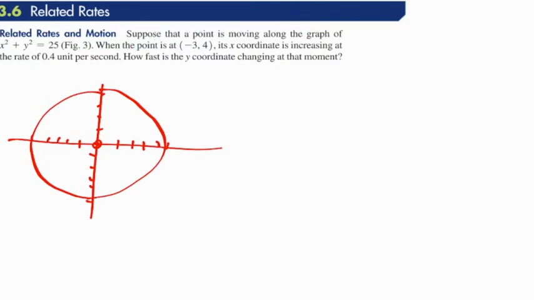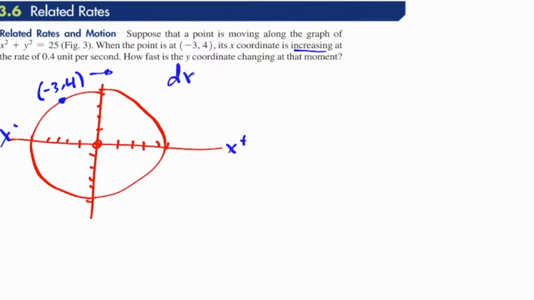When the point is at negative 3, 4, its x-coordinate is increasing at a rate of 0.4 units per second. So that means it's moving to the right because increasing is positive. This is where x is positive. This is where x is negative. So if it's increasing, it's moving to the right.